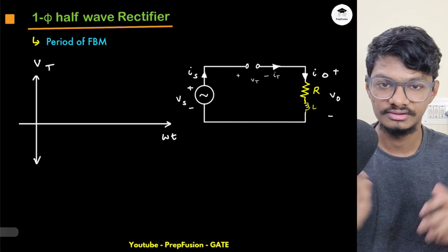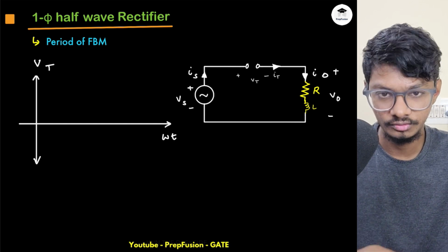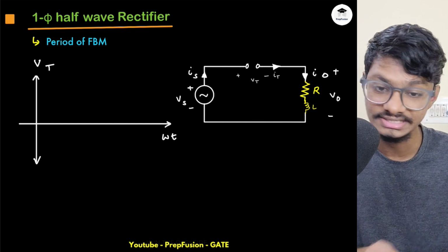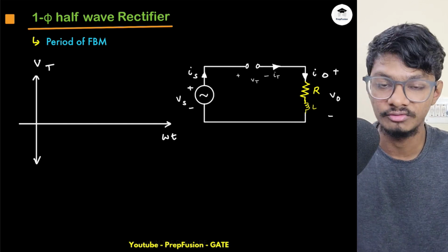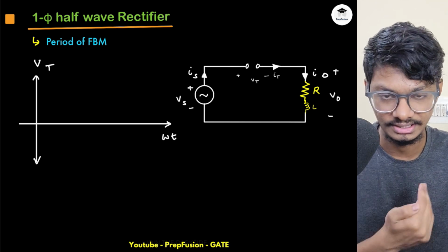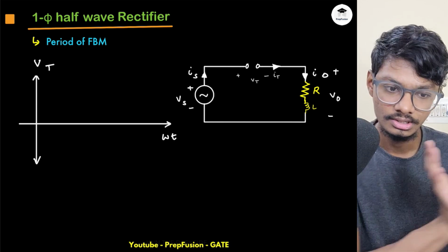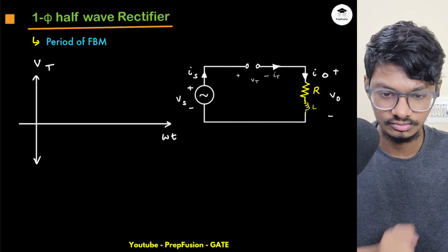Now obviously we understand the forward blocking mode, the region in which the SCR will be in forward blocking mode. This can change later on because here we have inductance, but to start off our analysis, first we decide the forward blocking region, then we see what changes we need to make.